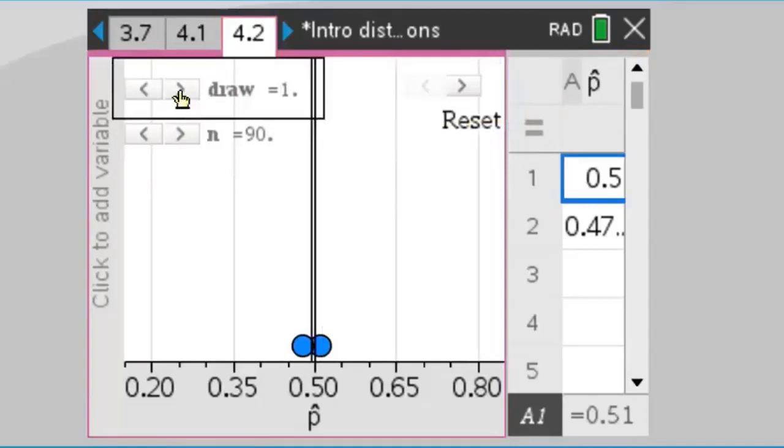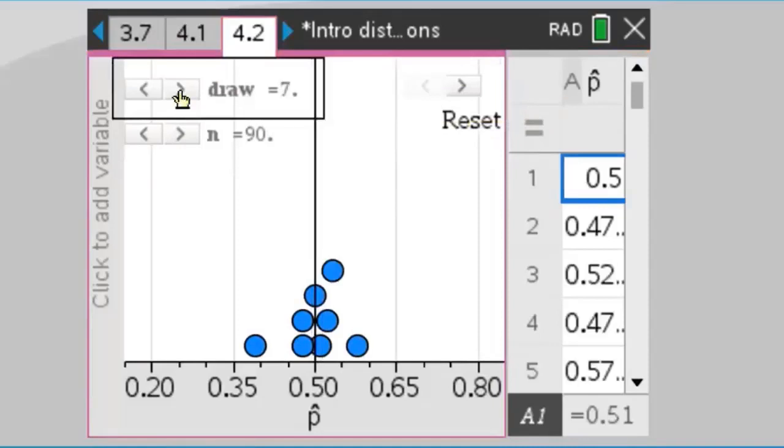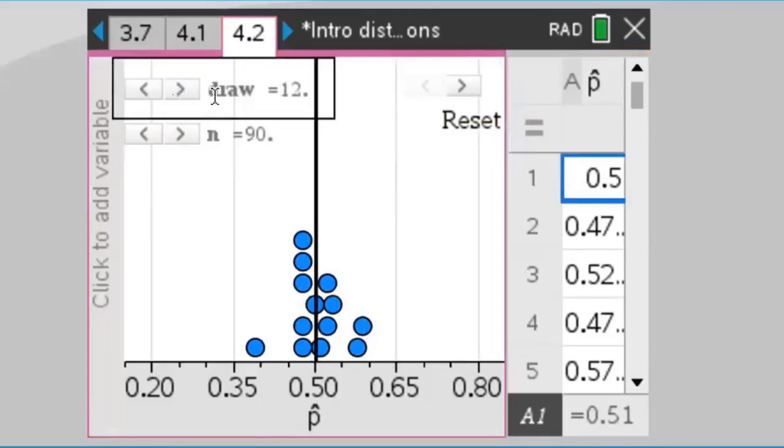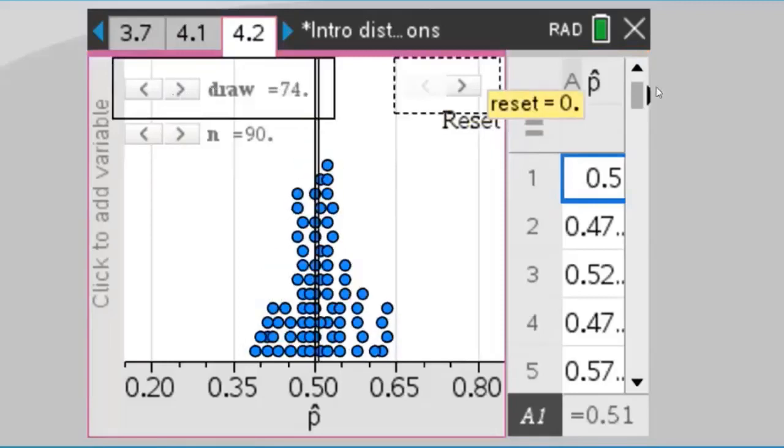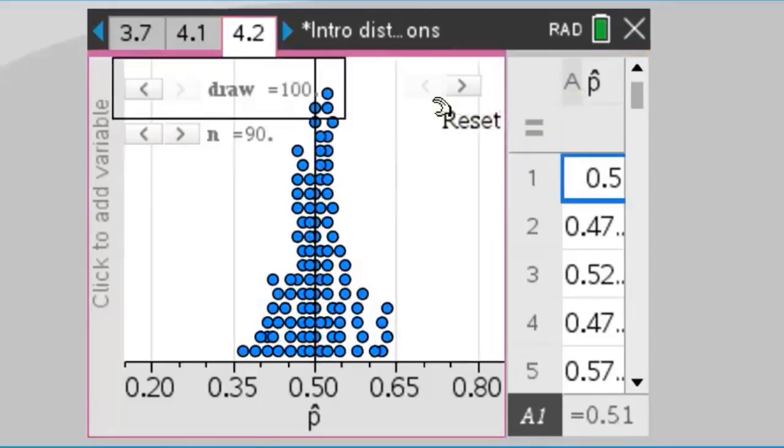I'll take another sample and another, and build up the picture. And once again, we see that the mean of all of those values converges to 0.5, the true population proportion. The other thing that seems to be a bit different is that it doesn't seem to deviate as much from 0.5 as in the previous one. So that might be something worth investigating.